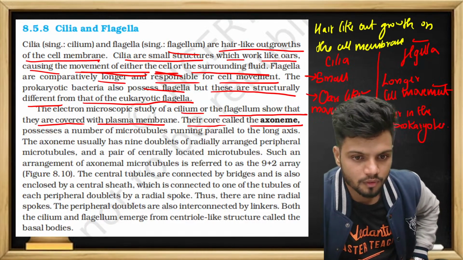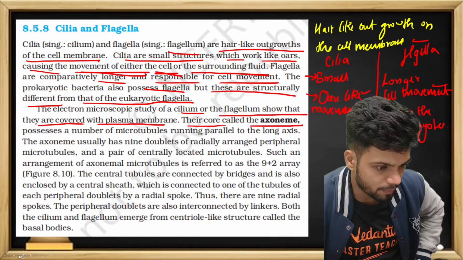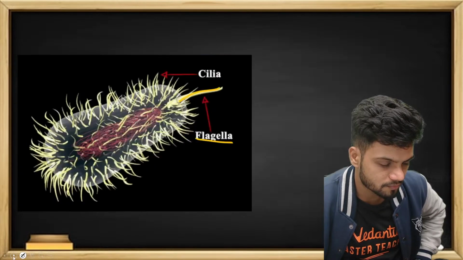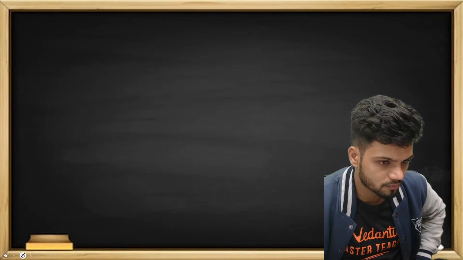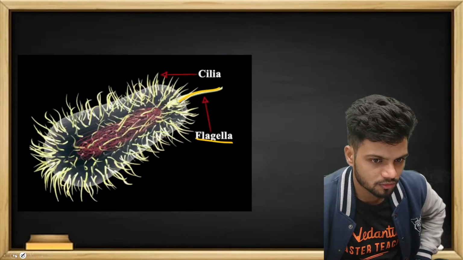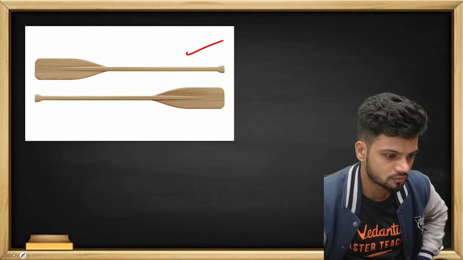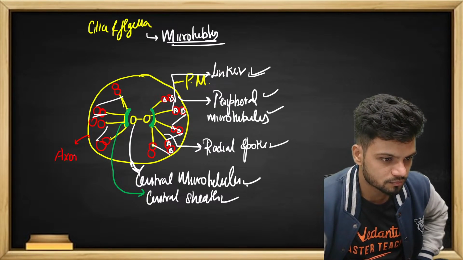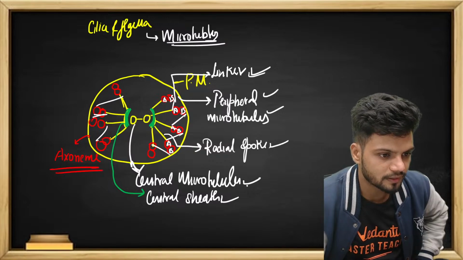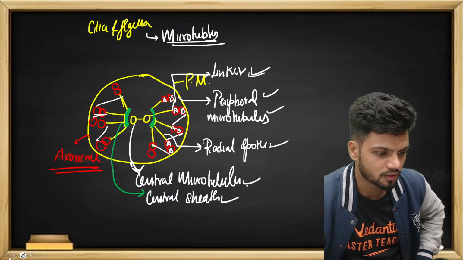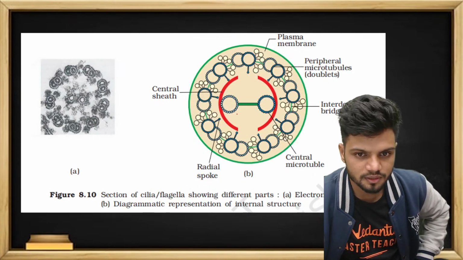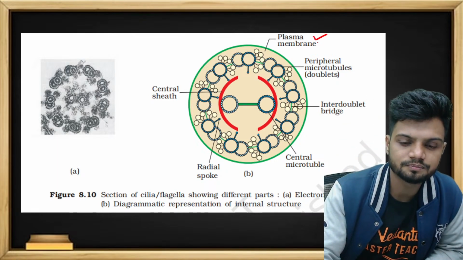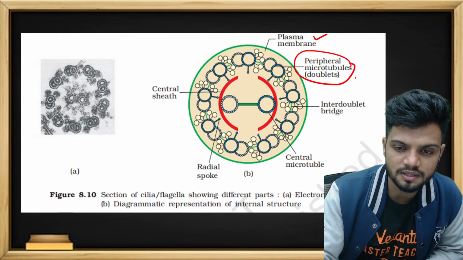Now, students, this entire core is called the axoneme. If you compare here, let's look at it. We have the plasma membrane, and peripheral microtubules which are present as doublets.